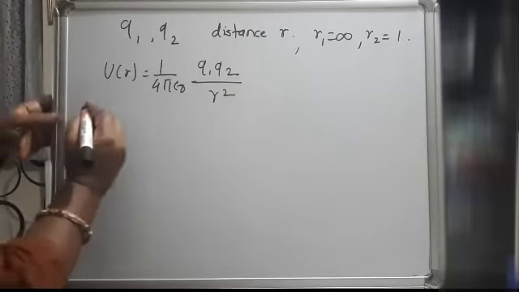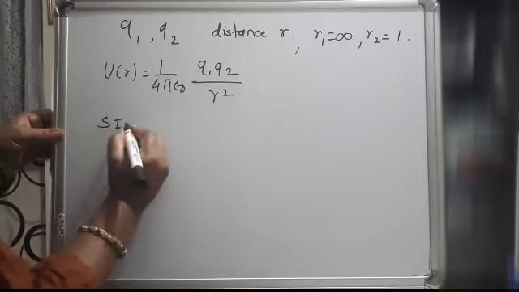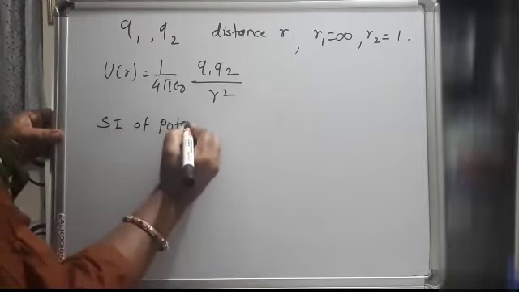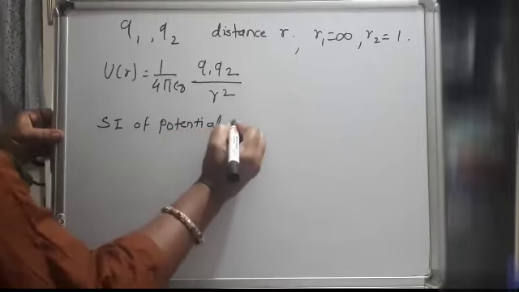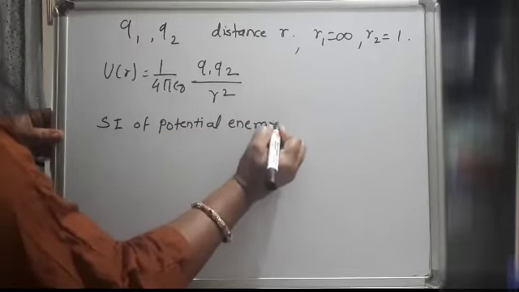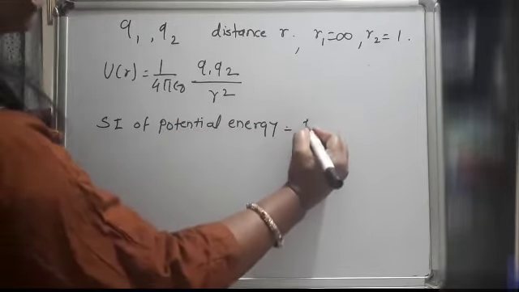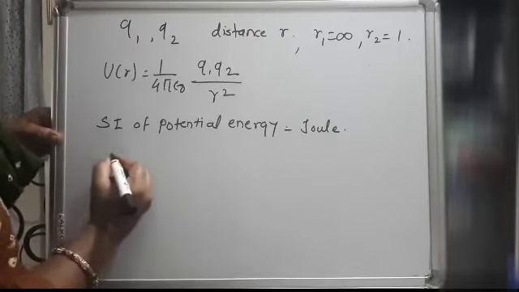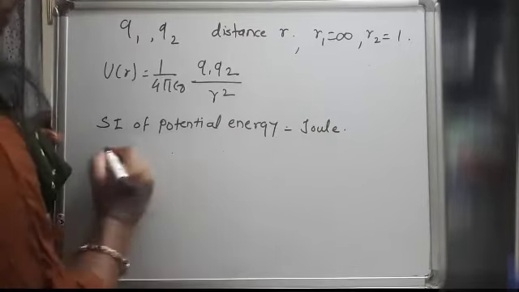Now the SI unit of potential energy is the joule. Another unit of potential energy is the electron volt.